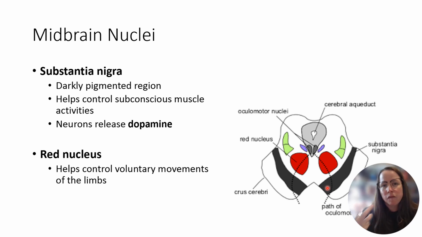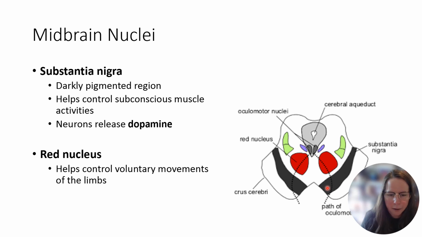It is functionally connected to a group of structures we'll talk about in the last video called the basal ganglia, which help modulate your movement. What the substantia nigra does is release a lot of dopamine. So this is the area that is connected to Parkinson's disease, and we'll talk about that on the next slide.